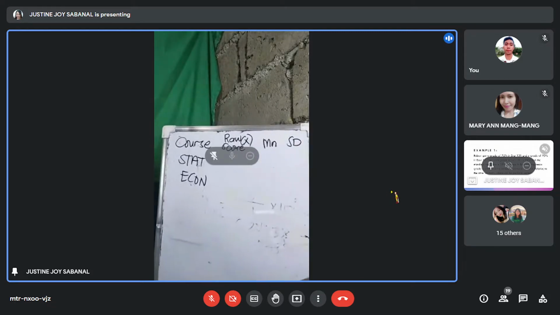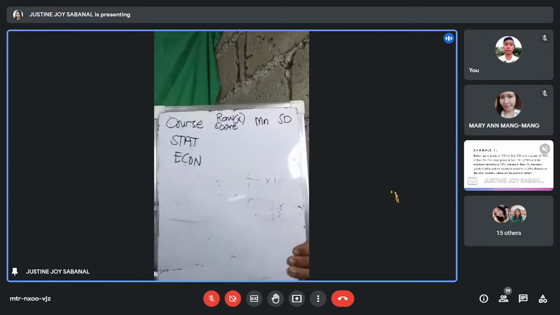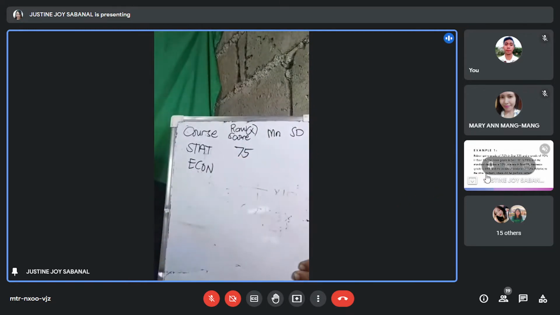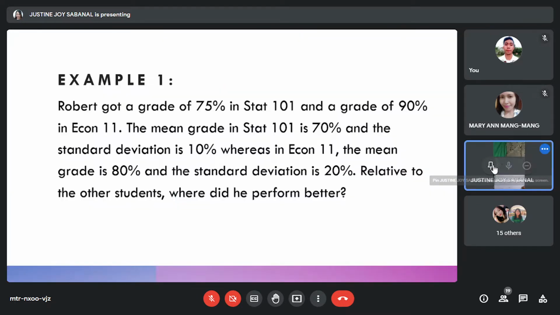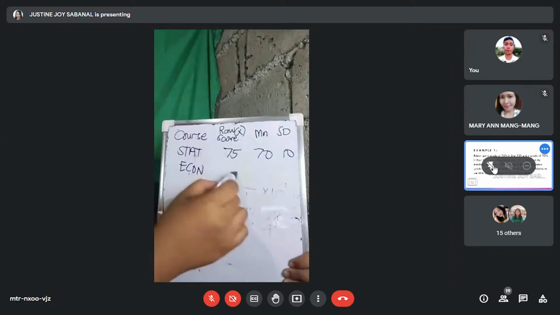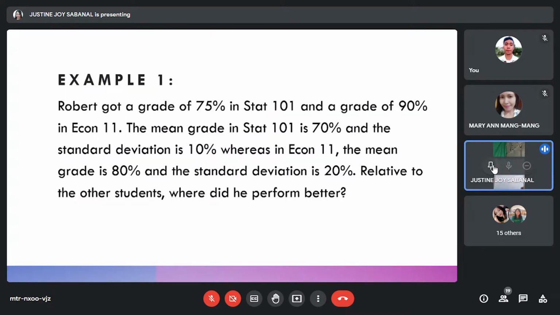So for stat, ang na-generate na score ni Robert ay 75. Ang mean grade sa stat ay 70. So, ang kanyang standard deviation ay 10. So, ang raw score for Econ ay 90. Ang mean grade ay 80 at ang standard deviation ay 20.